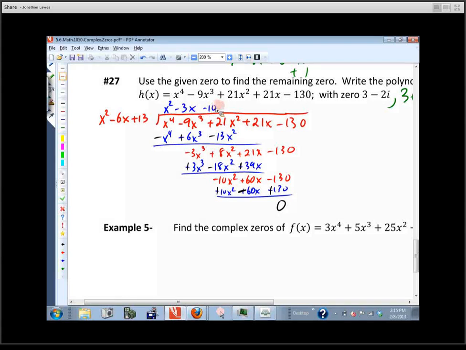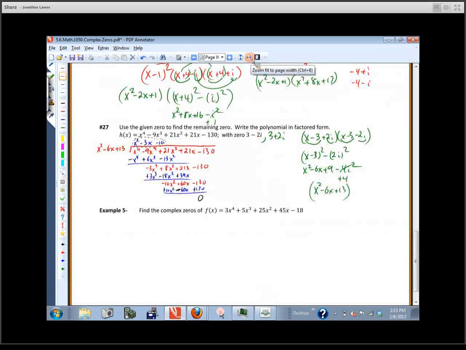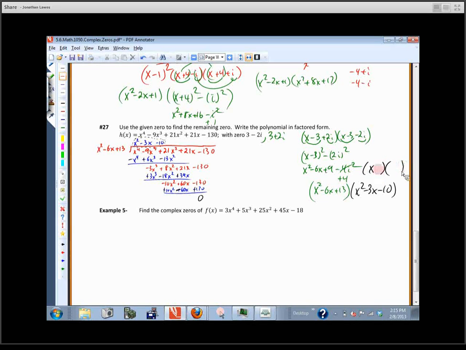Okay, what does that mean about this? Factor. Okay, let me go back down here. That means my other factor is x squared minus 3x minus 10. And what do you know about this? It's a nice one.